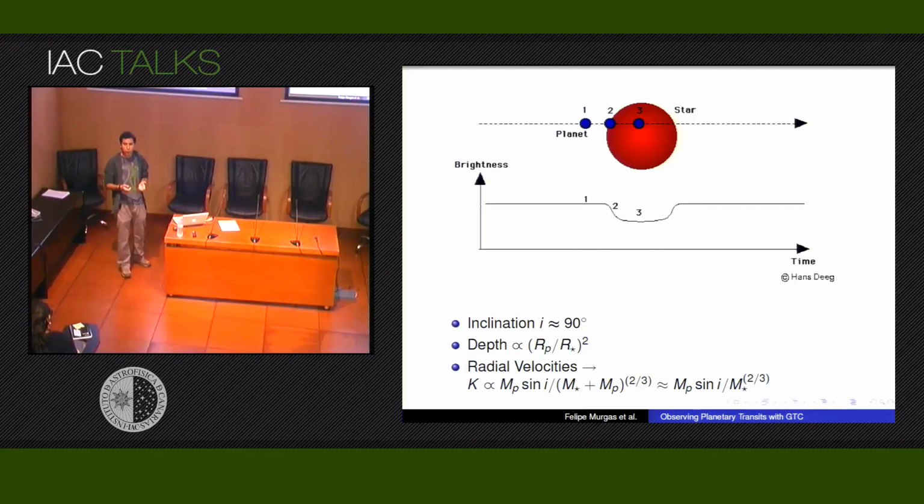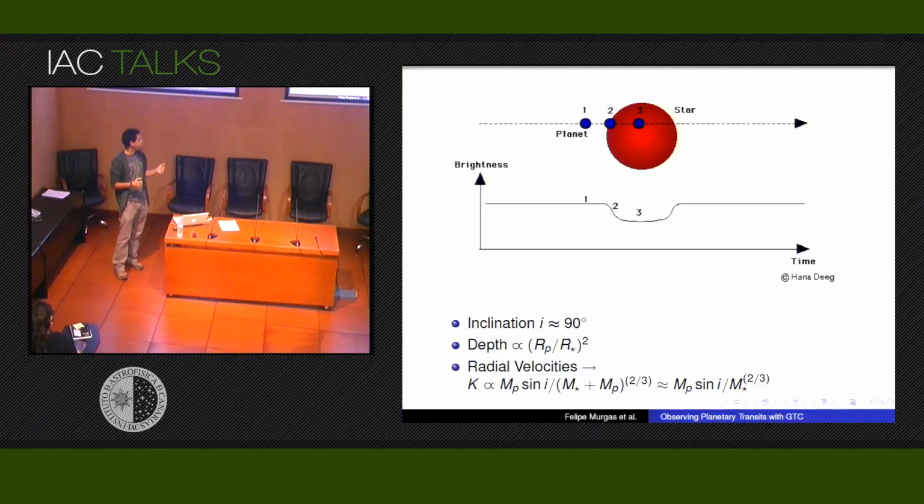Since it's transiting, we know that it's more or less 90 degrees. So when the planet passes in front of the star, it provokes a little dimming of the brightness of the star, and we can measure the depth of that eclipse, and with that we can get the ratio between the radius of the planet and the radius of the star.